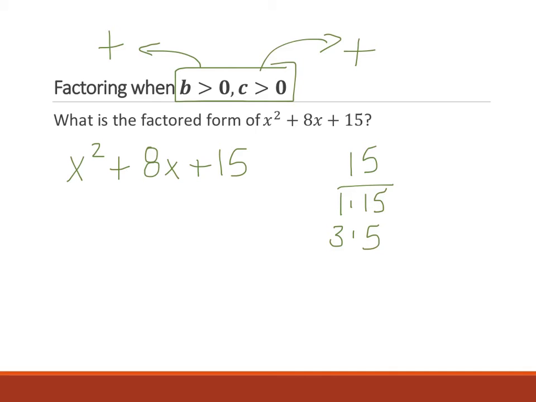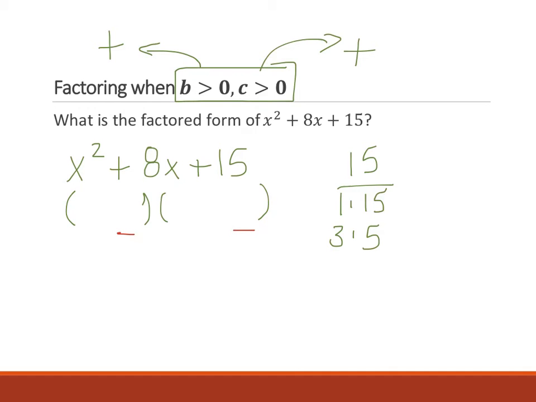And those are the only factor pairs that multiply together to give me 15. So when I multiply my binomials, I know that the last two numbers would either have to be 1 and 15 or 3 and 5 because they have to multiply together to give me the 15.